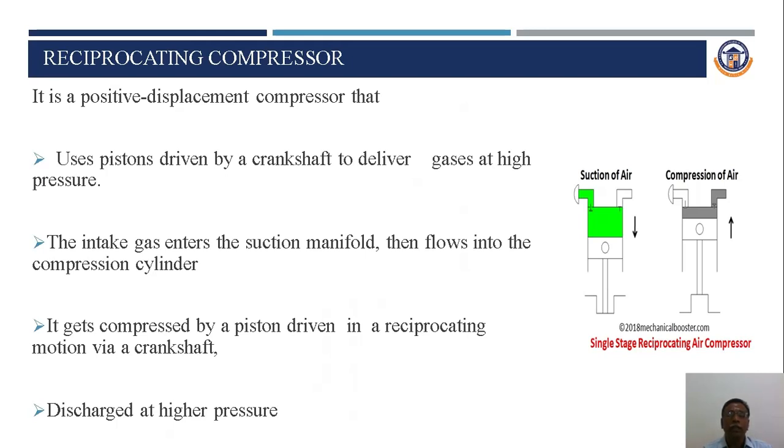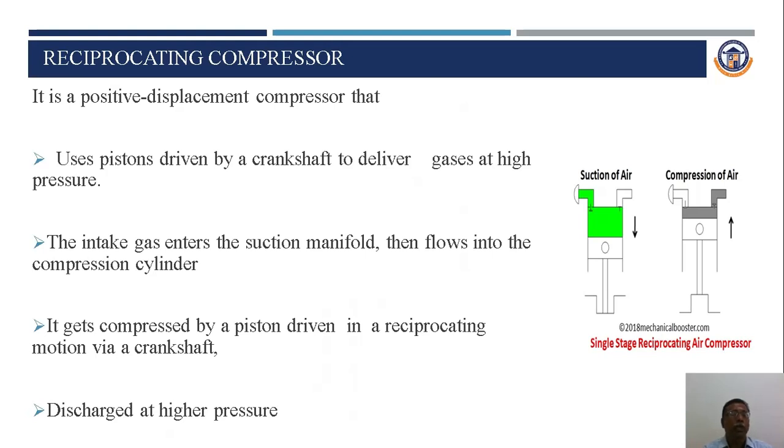To compensate for this vacuum, fresh air enters the cylinder through the inlet valve. During the compression stroke, both the inlet and exhaust valves are closed and the piston moves from bottom dead center to top dead center. At the end of compression, high pressure air is delivered to the exhaust system.